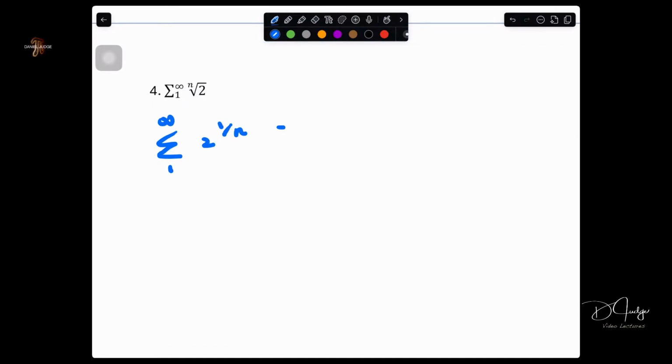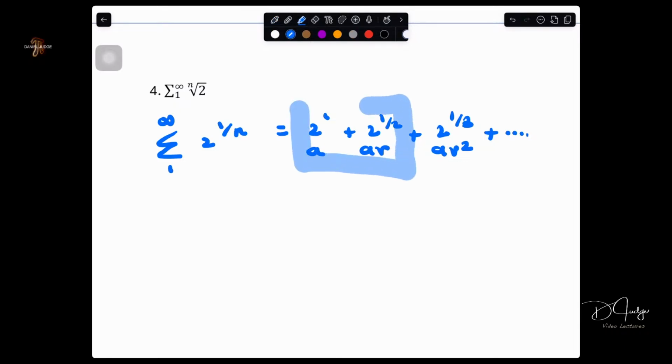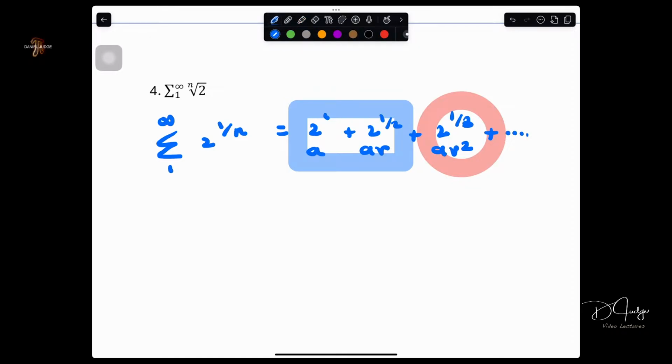So the terms are 2 to the first power plus 2 to the 1/2 power plus 2 to the 1/3 power, and this goes on forever. Is this geometric? Well, if it's geometric, we have to verify a few things.